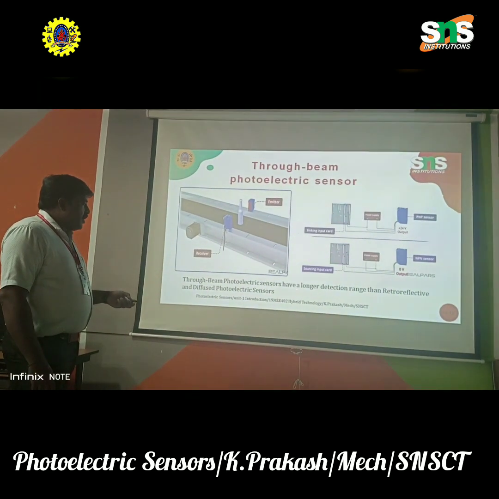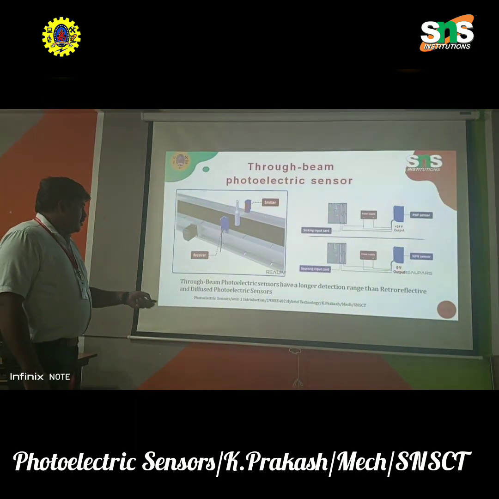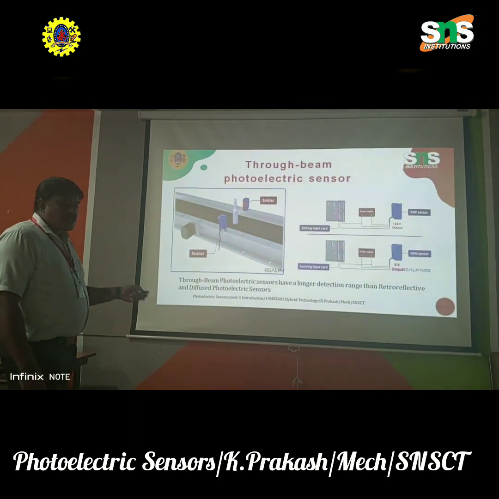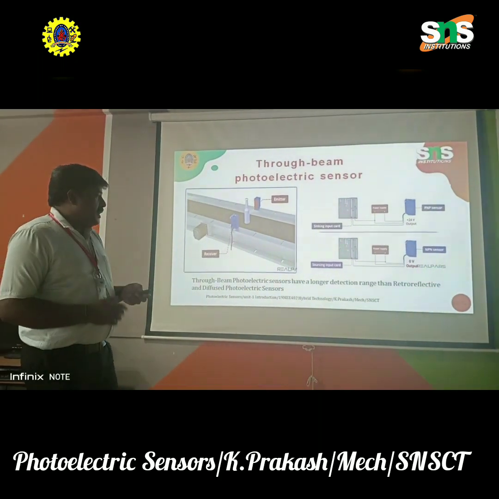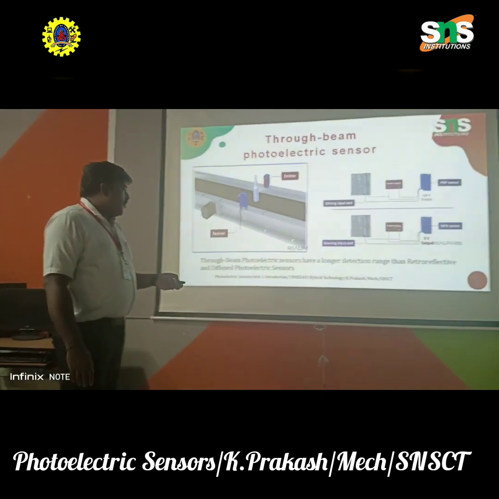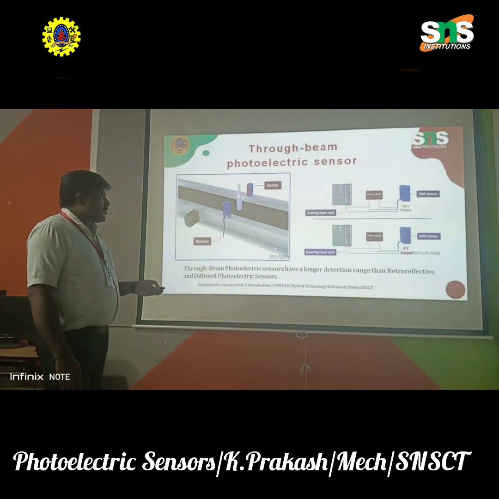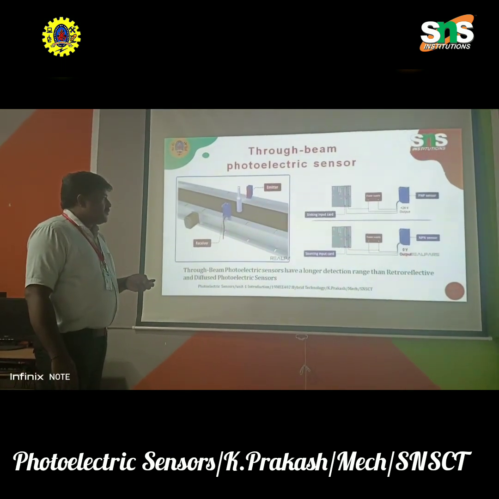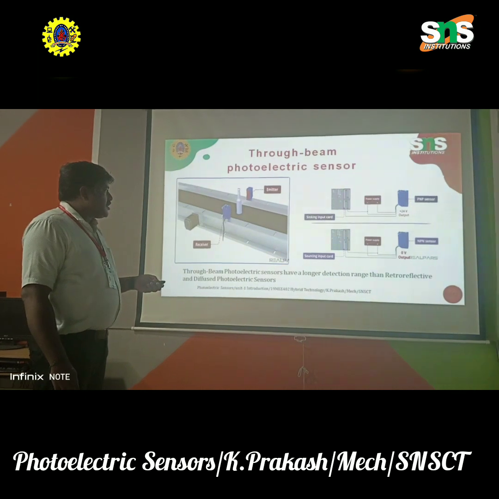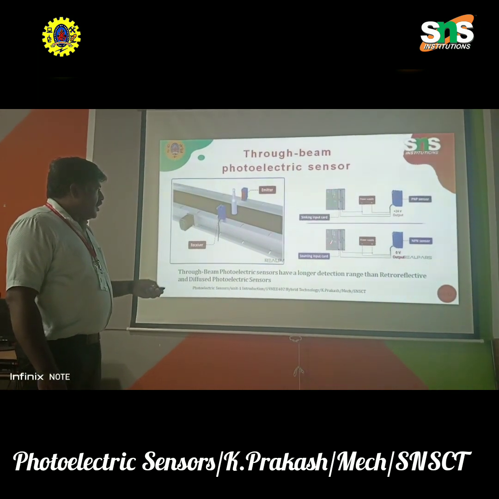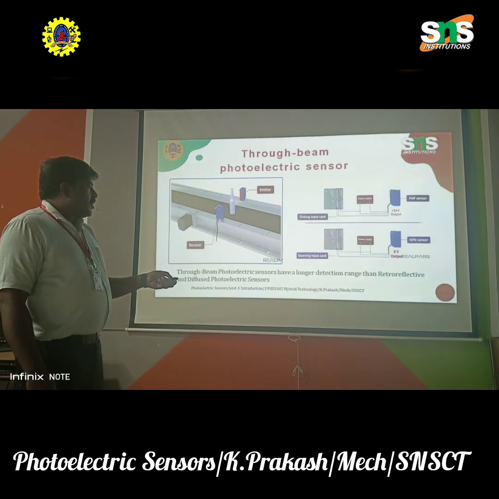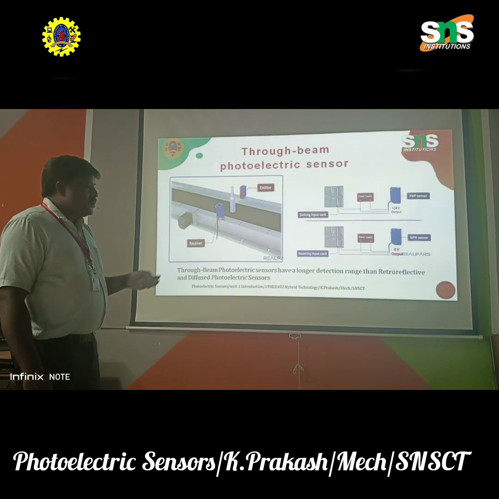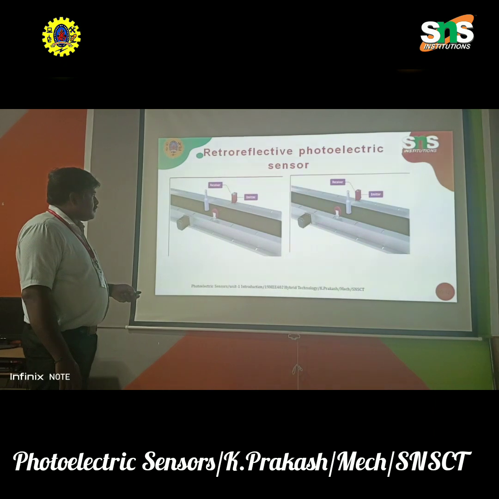If you need a longer detection range, through beam sensors are used, as they can detect from a longer range, whereas retroreflective and diffused photoelectric sensors have a lesser range. Here is the sensor, and here is the input card and the power supply, so that we can get the digital signals.